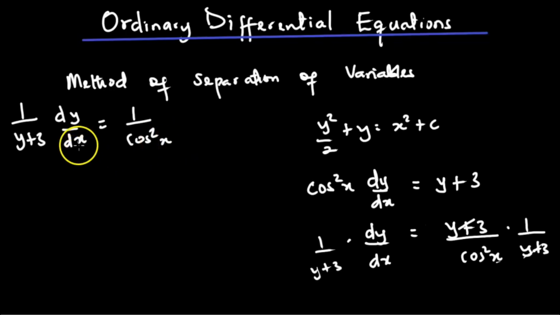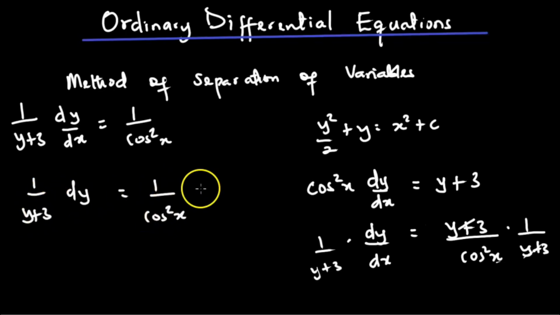We can easily bring dx to this side to have 1 over y plus 3 dy equal to 1 over cos squared x dx. And we have successfully separated the variables.